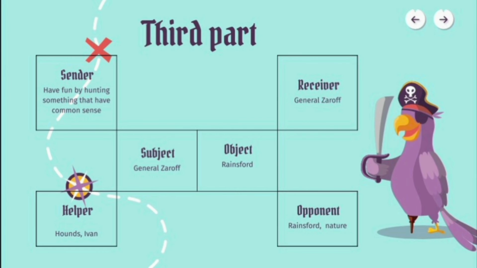General Zaroff is also the receiver if he manages to hunt Rainsford. He is also the one who will get the benefit as he can experience having fun hunting someone with common sense. While Rainsford is the object or the passive element now. He also acts as an opponent because his guts and intelligence hinder General Zaroff from hunting him.